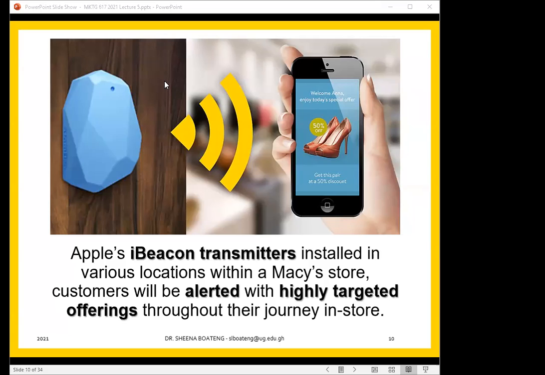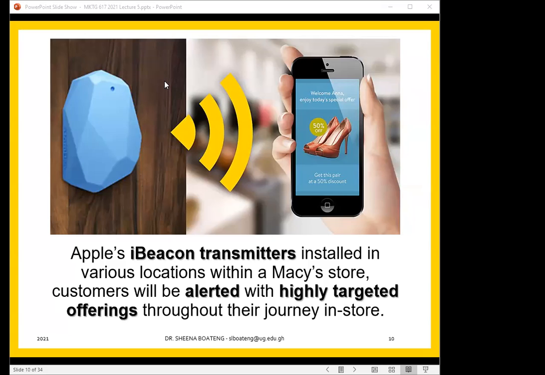And again, even though the iBeacon is a form of digital technology, operating using wireless technology, it has to be physically mounted in the shop. Does that make sense? Yes, Doc. It has to be physically mounted in the shop.